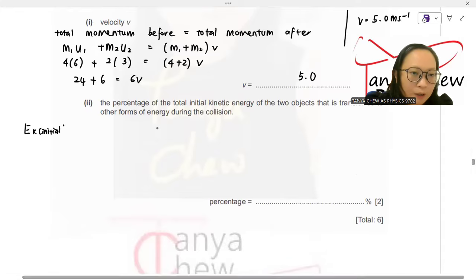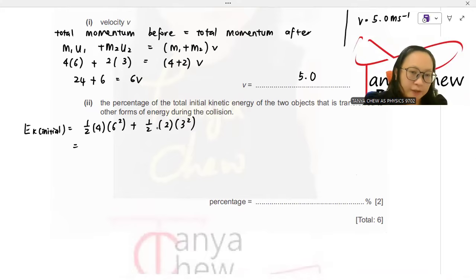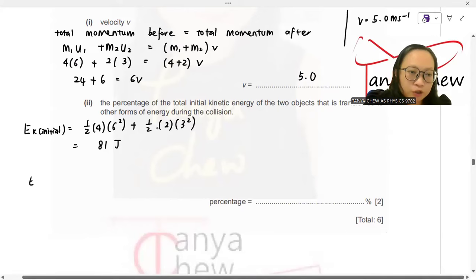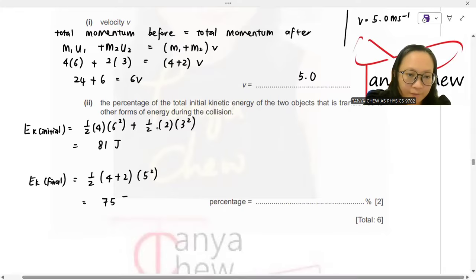Initial is equal to the kinetic energy of object 1, half times 4 times the initial velocity of 6 squared, plus kinetic energy of object 2, whose mass is 2 kilograms and speed is 3, squared. So the total initial kinetic energy is 81 joules, and the total final kinetic energy is equal to half the total mass of the two objects times their final velocity, 5 squared. You shall get 75 joules.